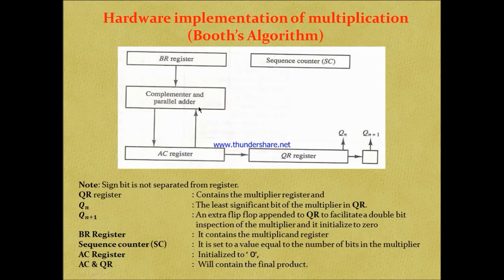By this parallel adder we add the two register values and the result is stored in the accumulator. After this, a shift operation should be performed. So we shift the AC register along with the QR register to the right by 1 bit. These things will be more clear when we see the flowchart and one example.